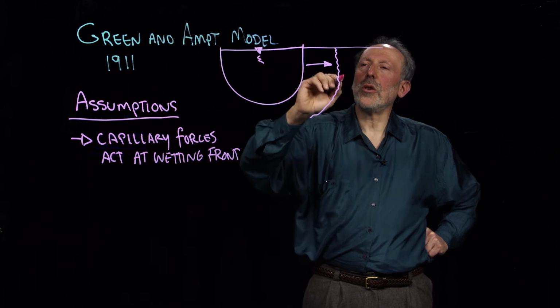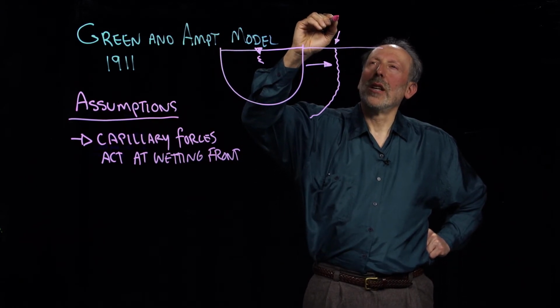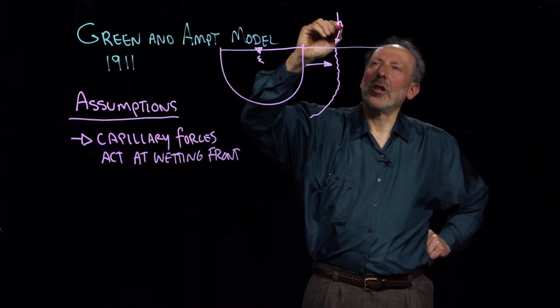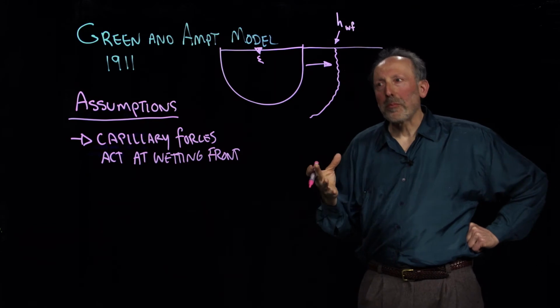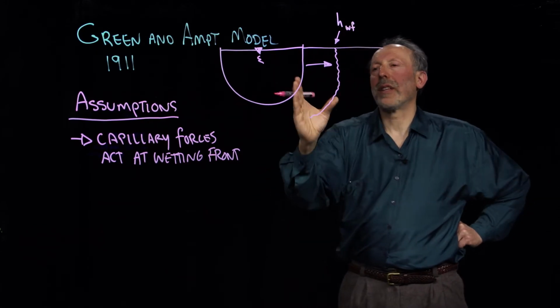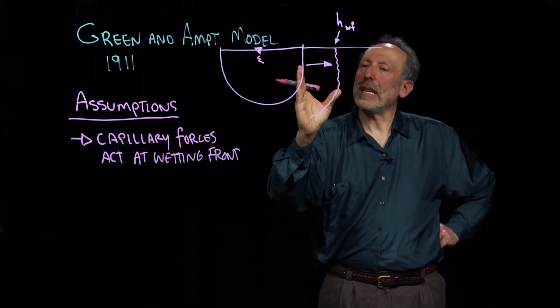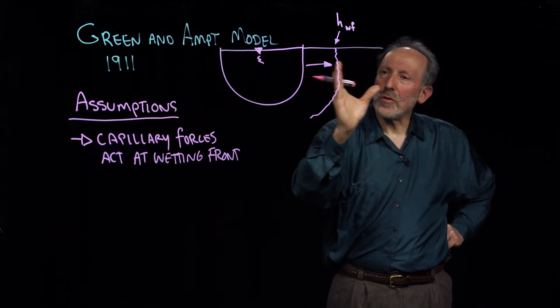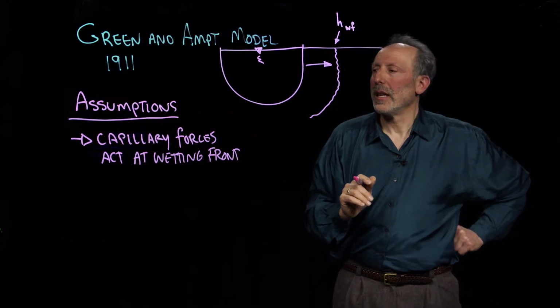And so we're going to associate with that wetting front a wetting front potential. So we can call it H wetting front, okay? And that's the head associated with the capillary pull of that into the soil. So we see immediately that the horizontal driving force is just that wetting front, okay?